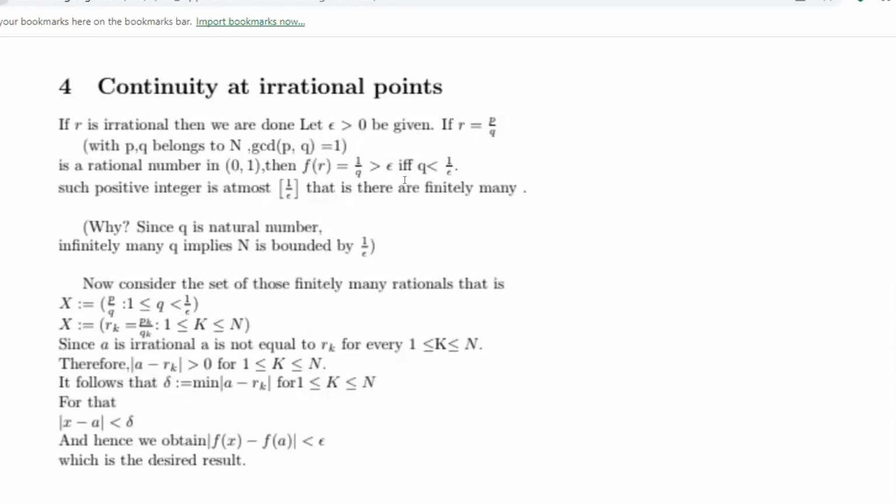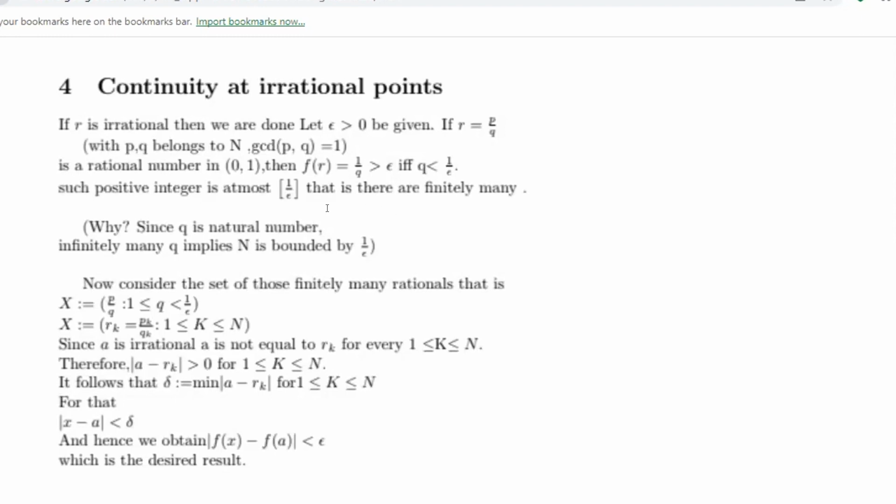No, I'm saying that how do we know that there are finitely many rational numbers such that. Yeah, see, if r is a rational number and its image is less than epsilon, then I don't have to do anything, right? So I am just looking for those rational numbers whose image is greater than epsilon. And from these finitely many q's, what I have gathered is there are finitely many images only which are creating problems.